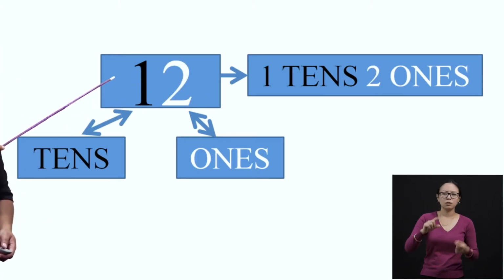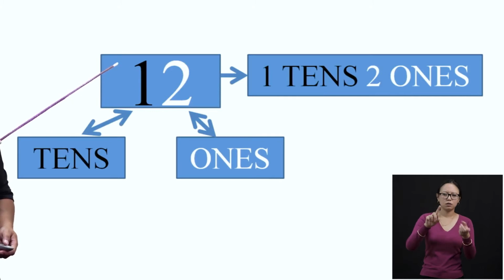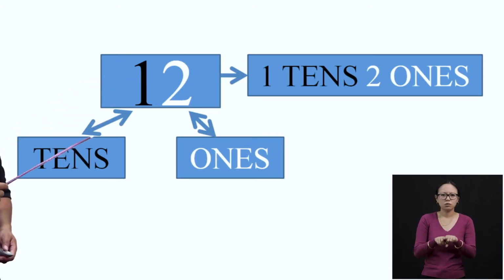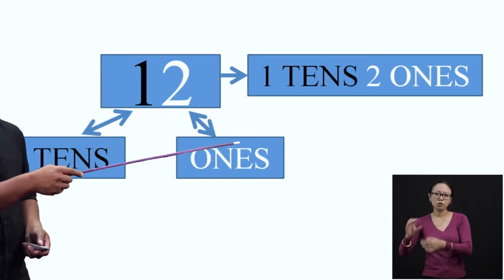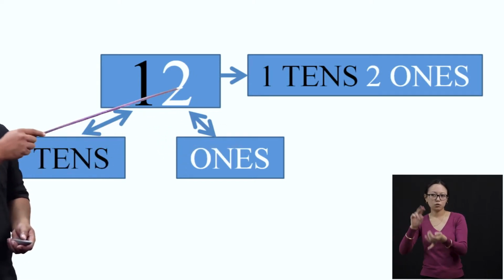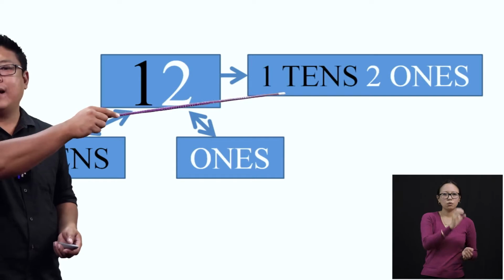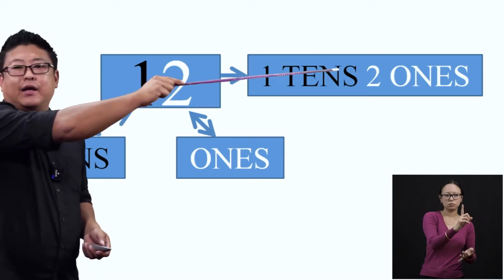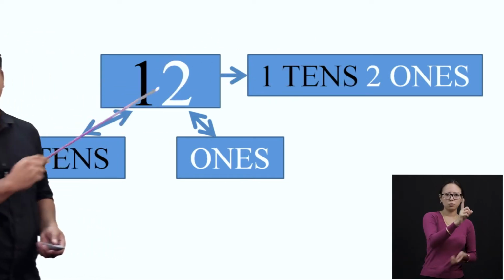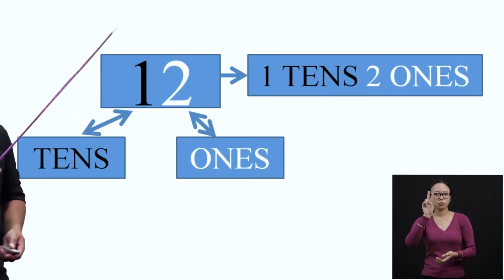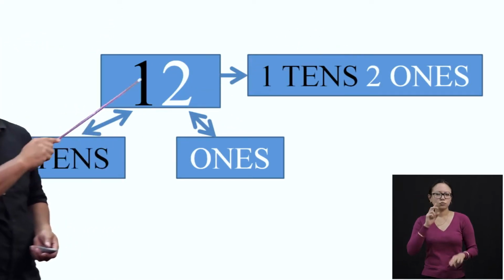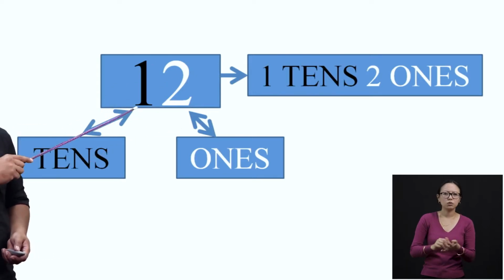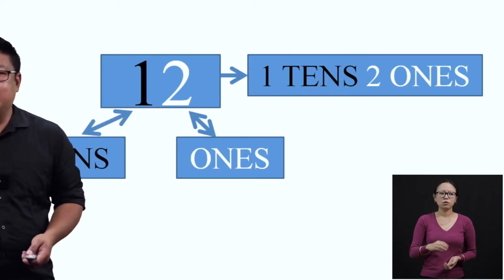Similarly for 12, if you look at this number 1, it is at tens place. If you look at the number 2, it is at ones place. All right. So we can read this as 1 ten and 2 ones. All right. So when you combine these 1 ten and 2 ones, they form 12. All right. So this is about places.